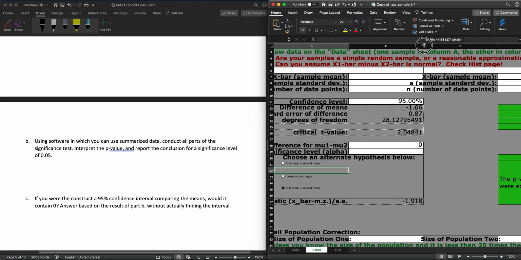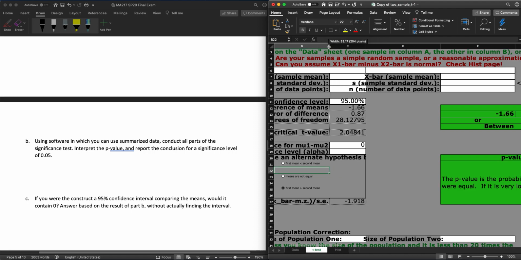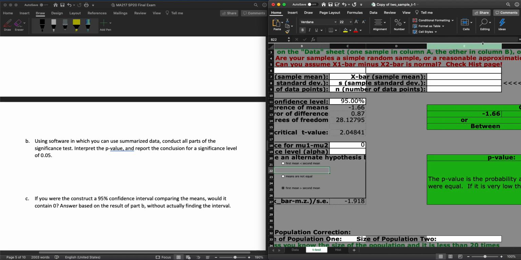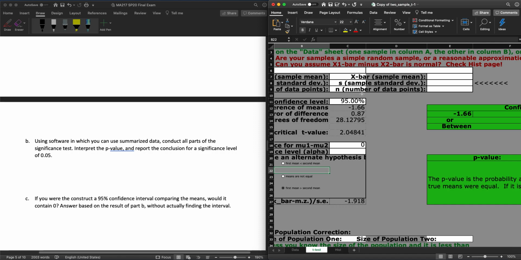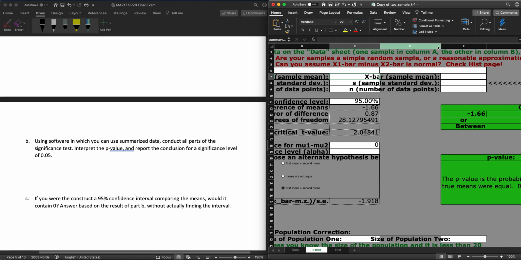But from this, we want to conduct all parts of the significance test and interpret the p-value and report the conclusion for a significance level of 5%. So to conduct all those parts, we need to do a couple of things. So we first need to put our data into this template.